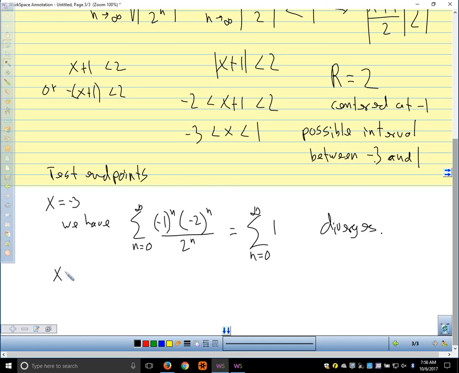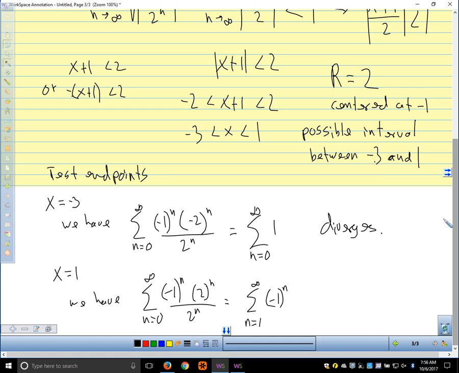At x equals 1, we have the sum from n equals 0 to infinity of (-1)^n 2^n over 2^n, which is the sum of (-1)^n. Does that equal 0? If we sum +1, -1, +1, -1, is that 0?